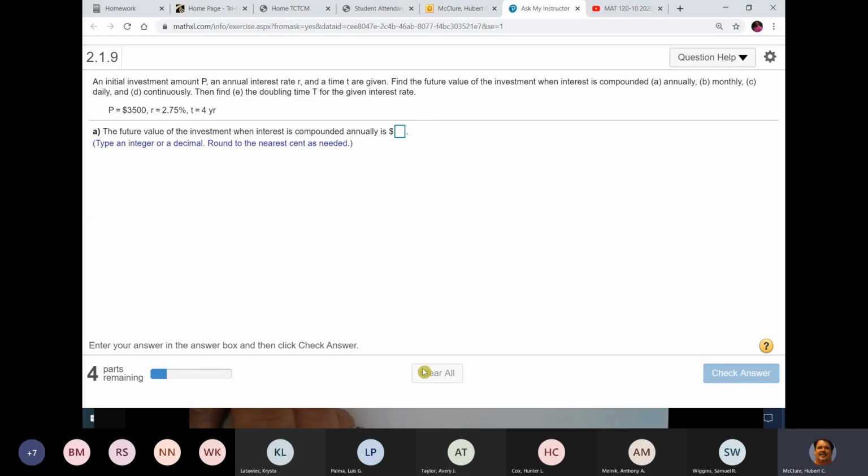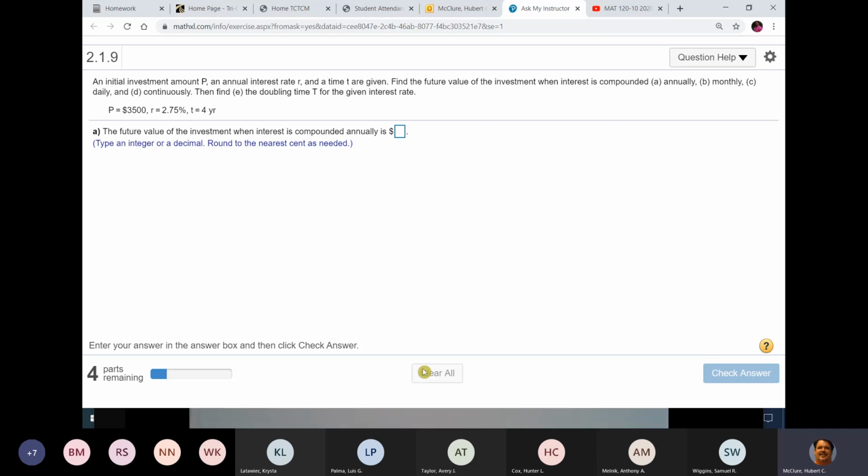God, these are three separate test questions. All right, so we'll do first, N is equal to 1 for annually, then monthly, N is equal to 12, then daily, 365, and then PERT is continuous, and we'll do that one separately.